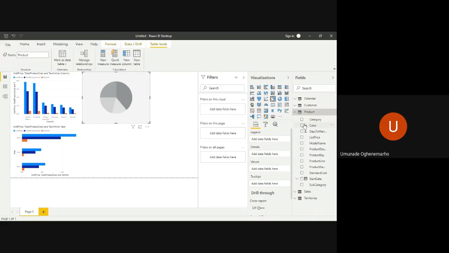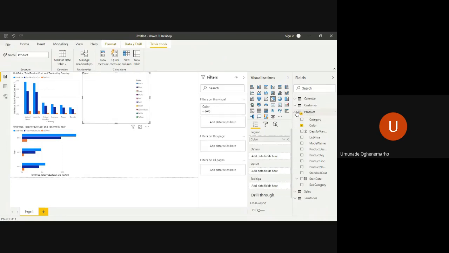Okay, let's use color. And you can see immediately that the selected color got highlighted in the legend.